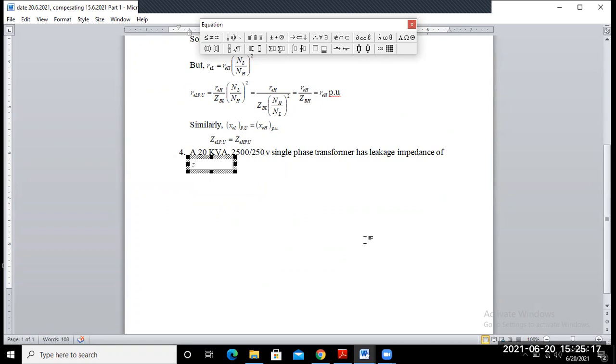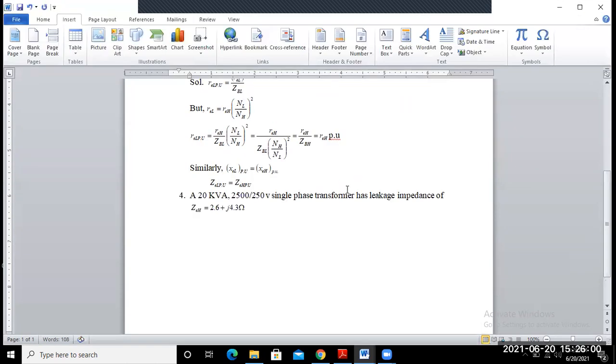Z equivalent of the high voltage side is equal to 2.6 plus j4.3 ohm when referred to the HV side.